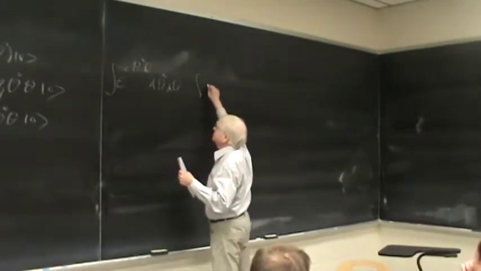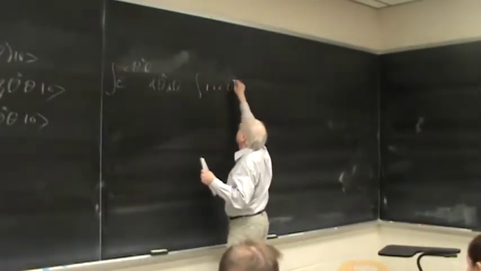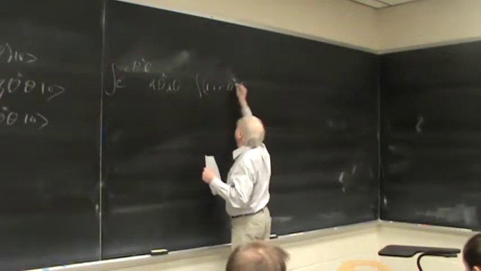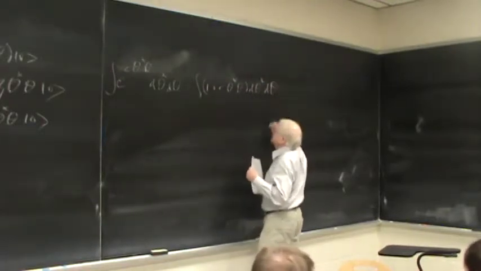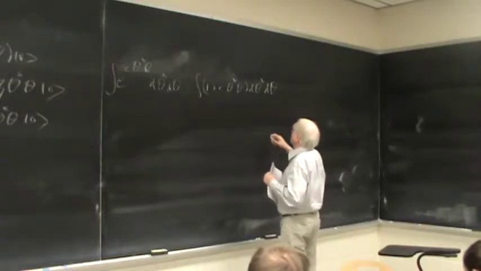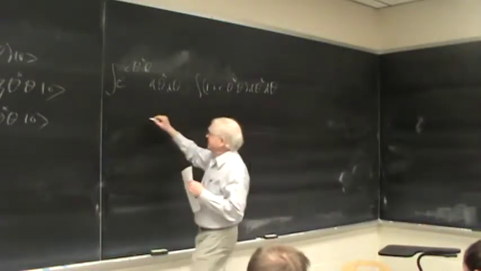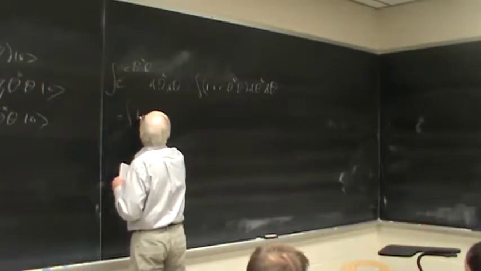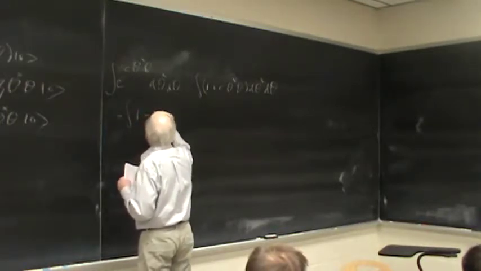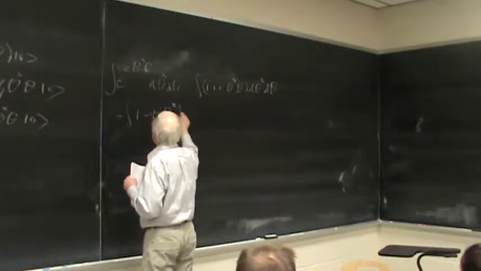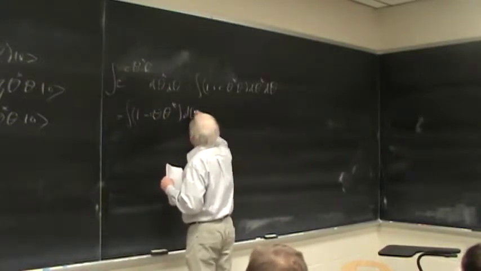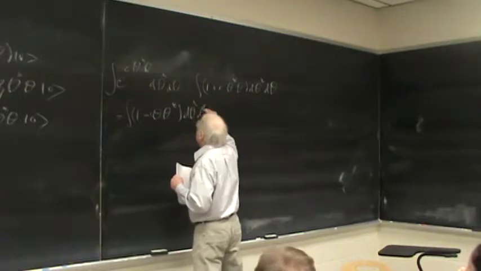Well, this is an integral of 1 plus c theta star theta, d theta star d theta. First of all, we rewrite this as 1 minus theta star times c, d theta star d theta.